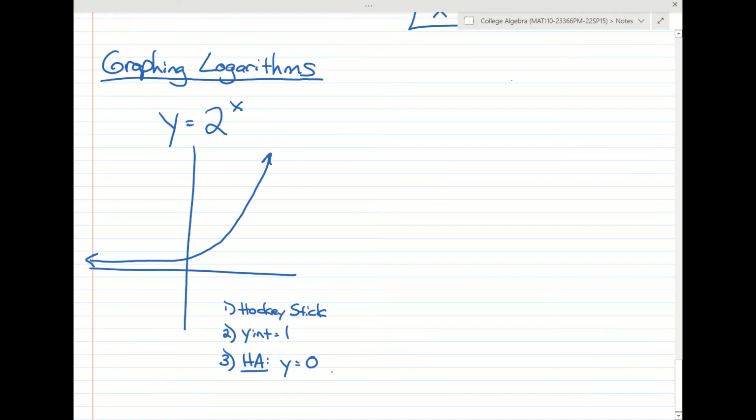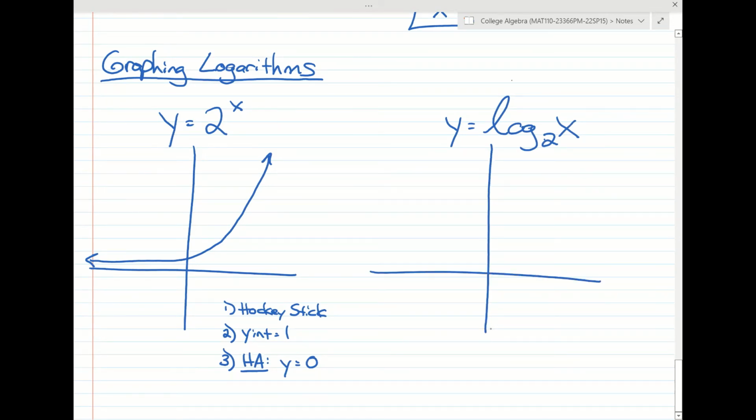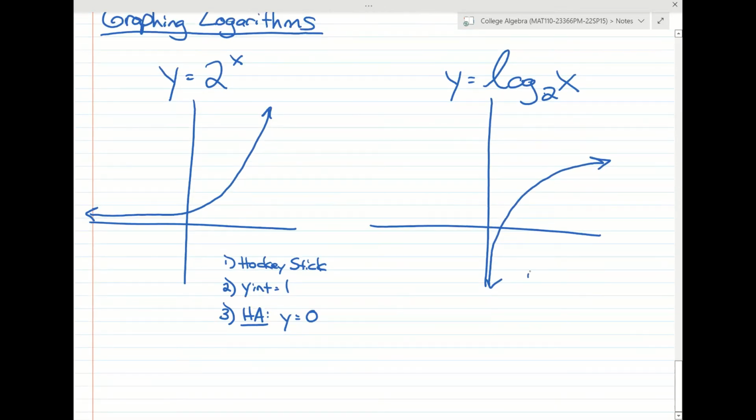So graphing logarithms are similar. If we had to graph y is equal to log base 2 of x, this graph is going to look like this. And this graph also looks like a hockey stick.